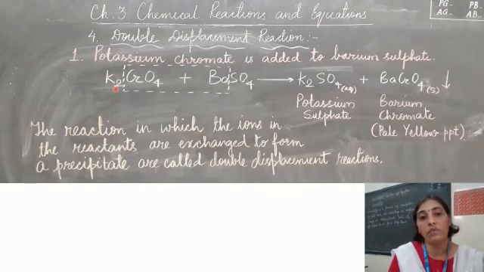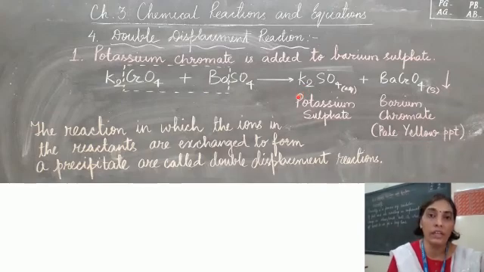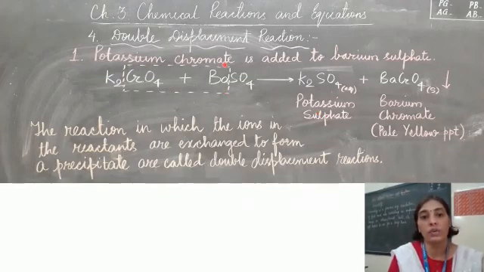It's not just that we have written it. We have actually found the formula by crossing the valencies. Potassium being 1 positive, sulfate being 2 negative will give us the formula K2SO4. So we get potassium sulfate as our first product, and second is this one inside the bracket, that is barium chromate. Barium being positive is written first and chromate being negative is written second. Both have valency 2 positive, 2 negative, and hence we have the formula BaCrO4.